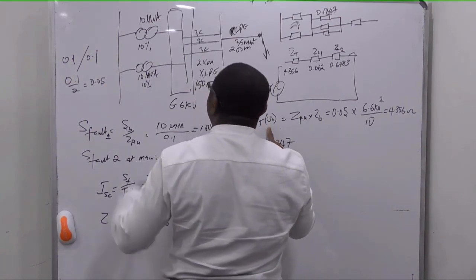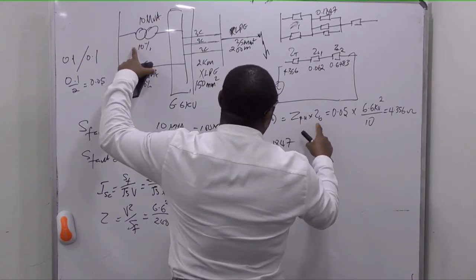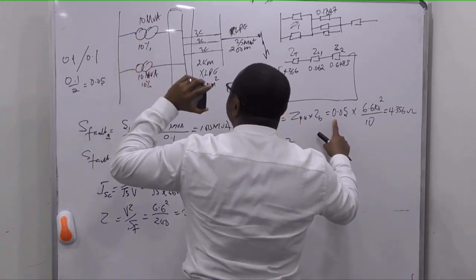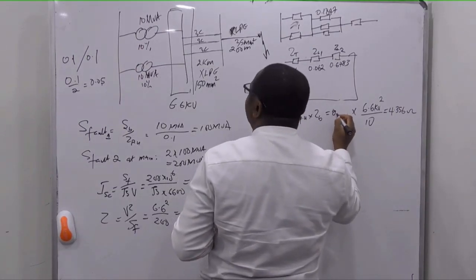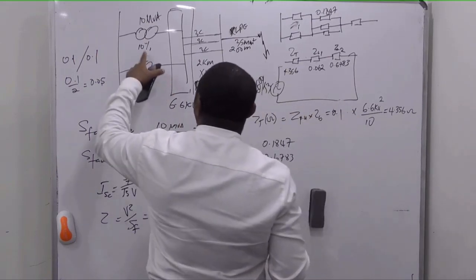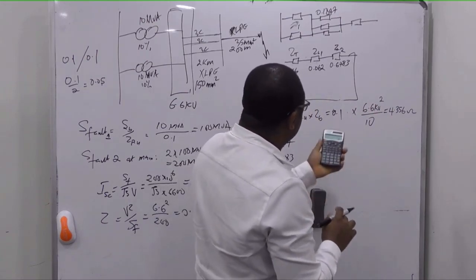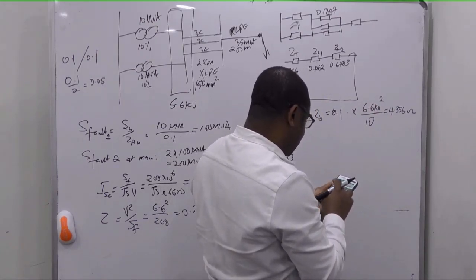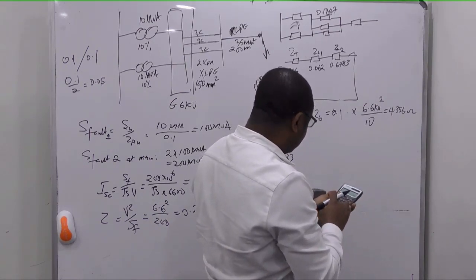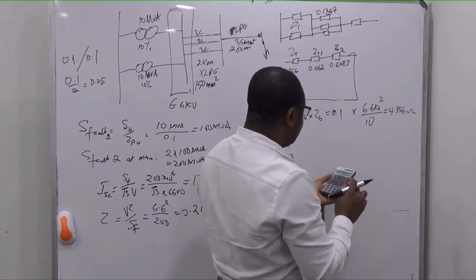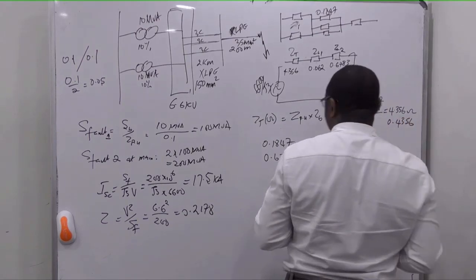Now Z of the transformer for one transformer in ohms is Z per unit times Z base. Z per unit is just 0.1. So I have 6.6 squared divided by 10 times 0.1, 0.4356.